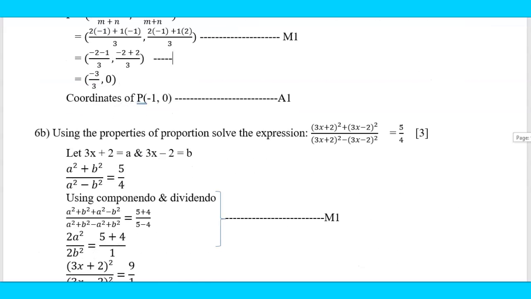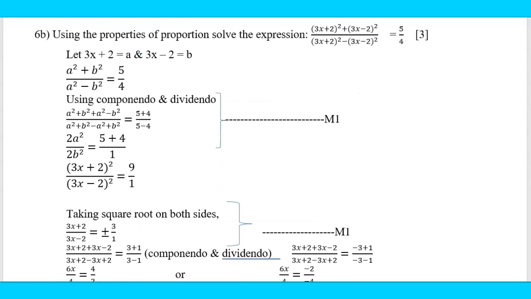Now next, 6B is using proportion. At least in the first step, you have to use componendo dividendo. If you have not used componendo dividendo in the first step and directly write this answer, 2 into 3x, then you will not get this 1 mark.